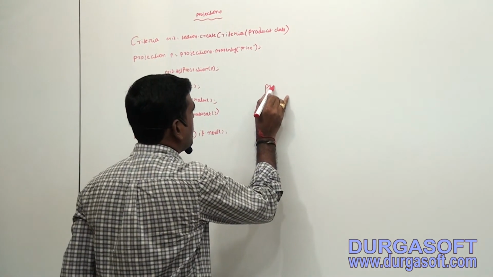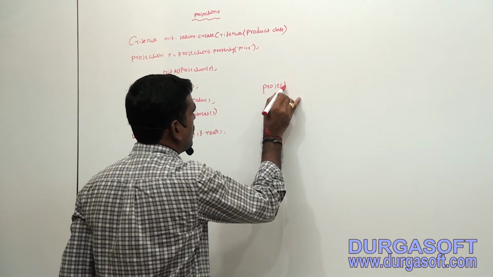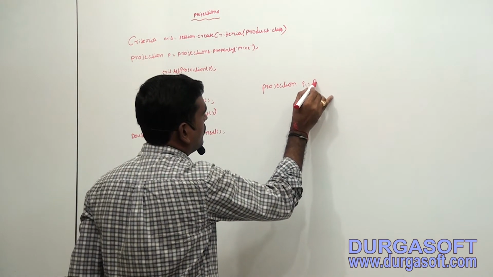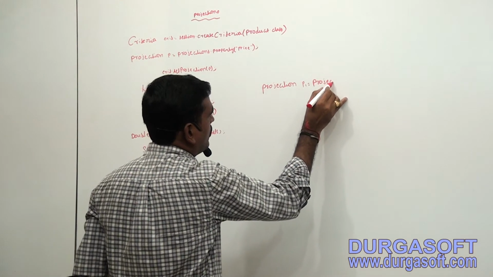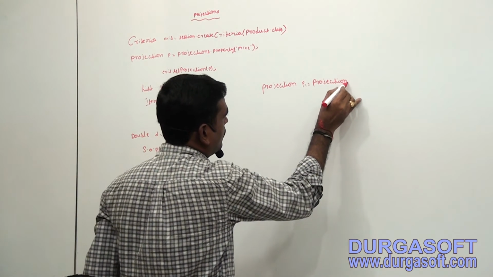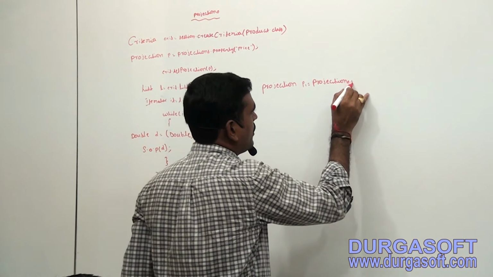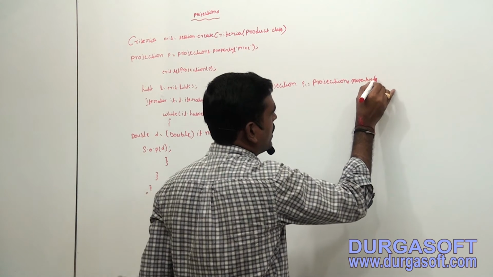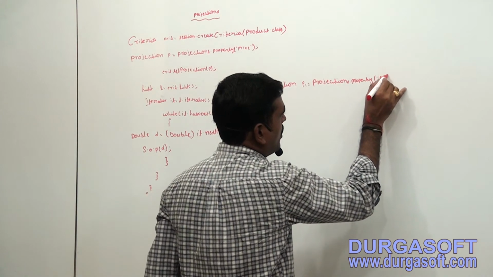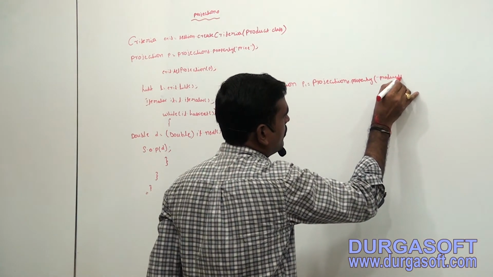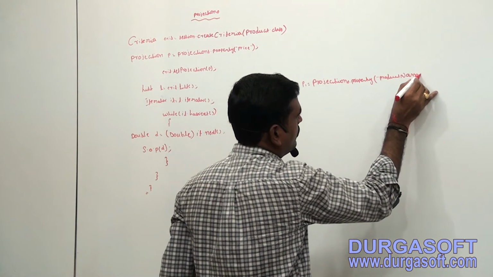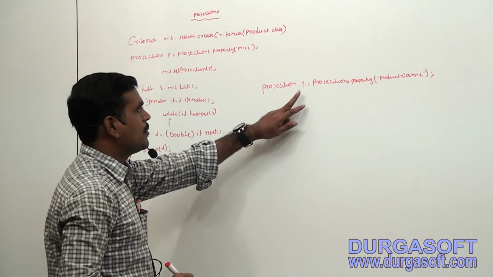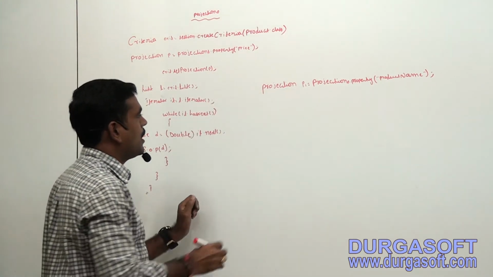Just observe, don't take anything. Projection P1 is equal to Projections dot property. Property is the predefined method given by the Projections class. Now productName. After that we can add this projection object to criteria. How to add?